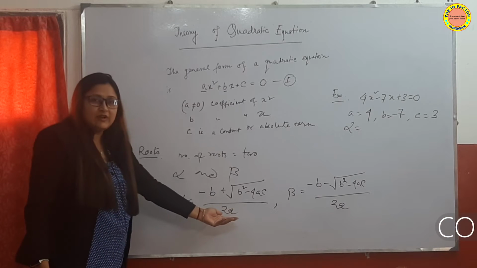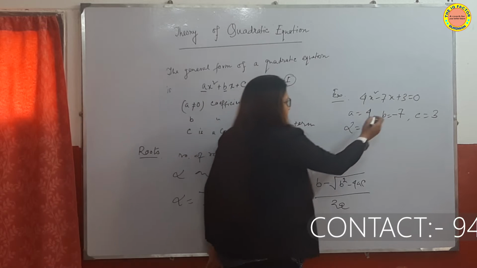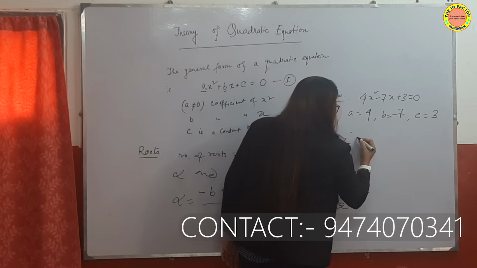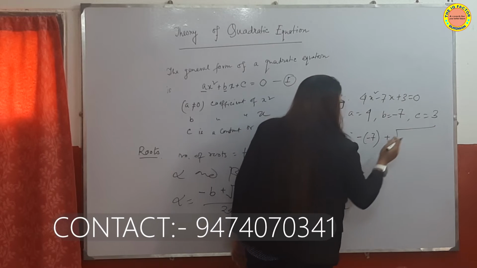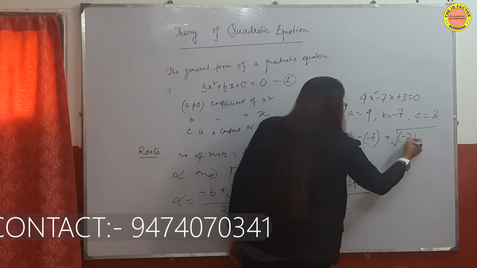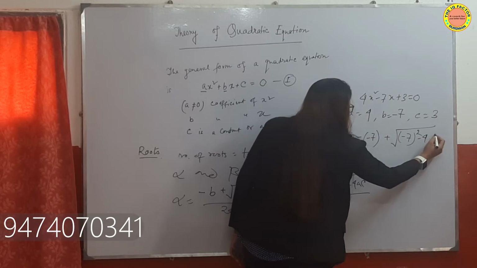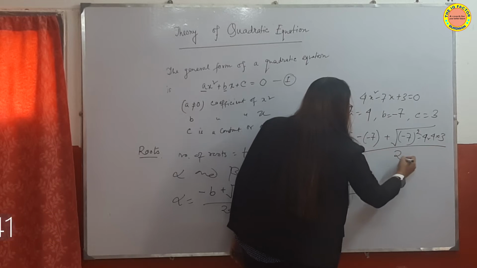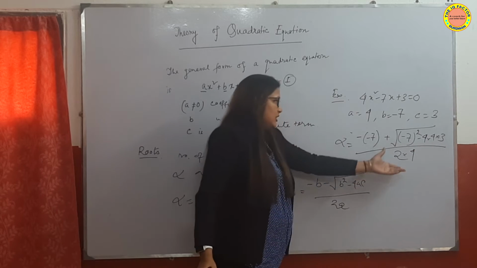So how we can find out the roots? Just put the value of a, b, c in this. So alpha is minus b, so minus of minus 7 plus square root of b square minus 4ac by 2a, that is 2 into 4. We can find out solving this.